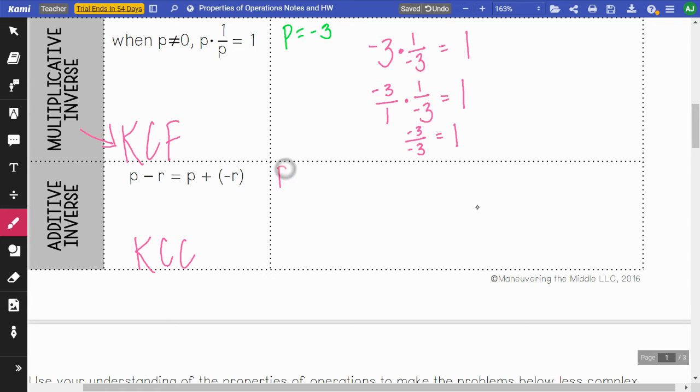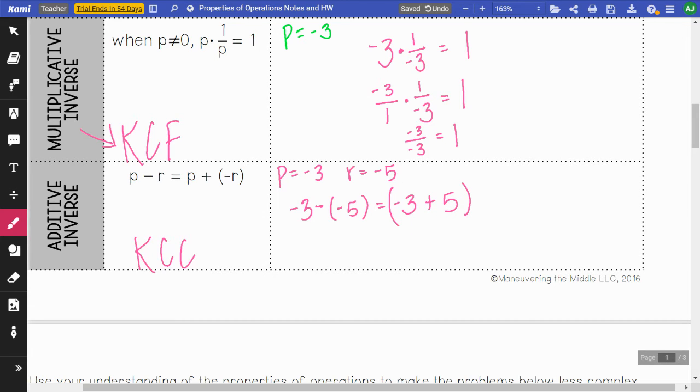Okay, we're going to use our same numbers. P is negative 3 and R is negative 5. So I have negative 3 minus negative 5. And that is going to be the same thing as keep it, change it to addition, change the negative to a positive.